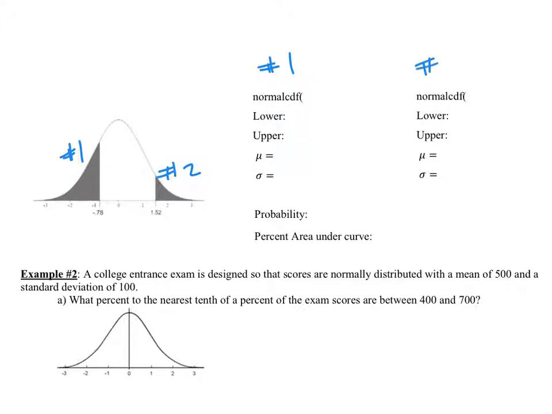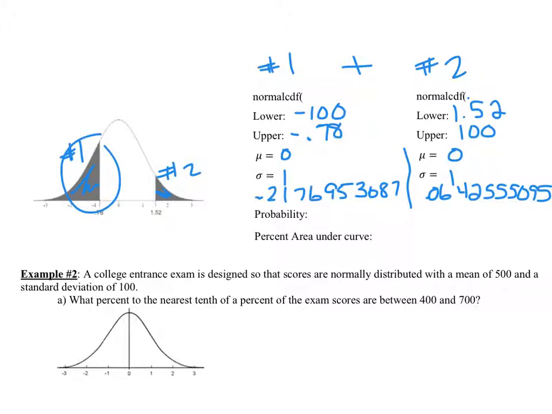We have to do 2 normal CDFs and then add them together. Okay, that's it. So we'll get this area here, this area here, and add them up. So why don't you see if you can do the normal CDF for number 1 for this spot and the normal CDF for number 2, and we'll come back and see how we do.